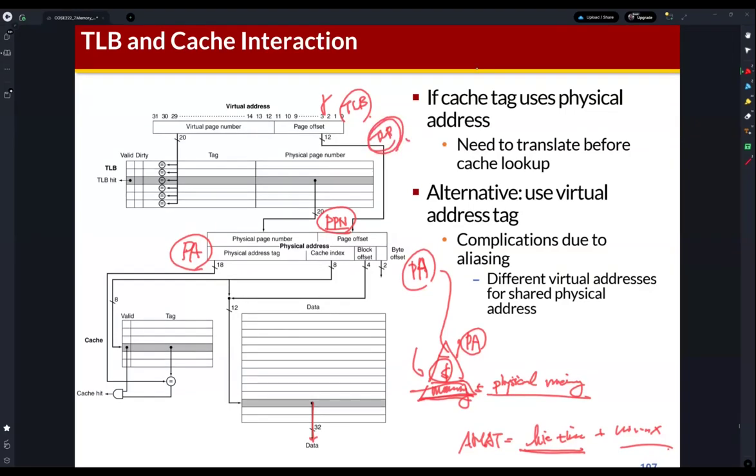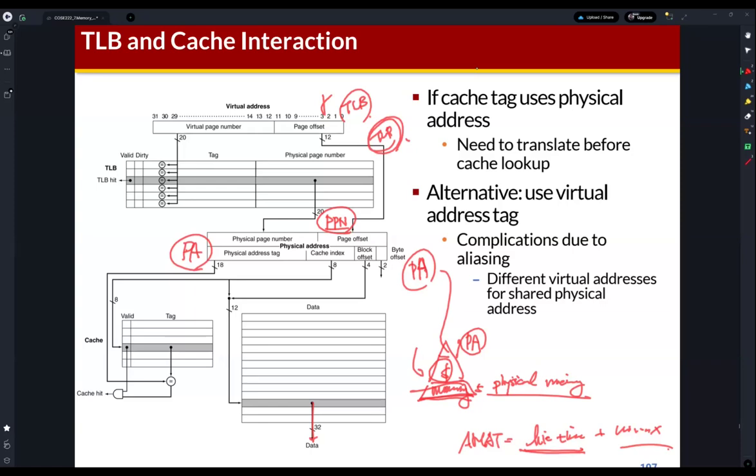The TLB is also a memory component, so it's also kind of a cache. It means a CPU will take cycles for accessing the TLB, and then using the physical address from the TLB, we can access the cache.